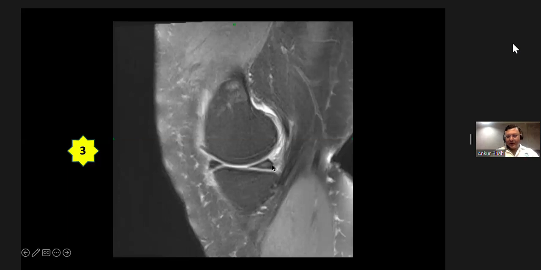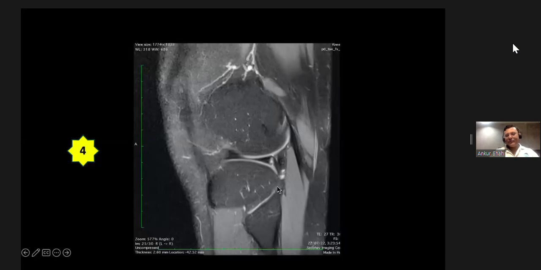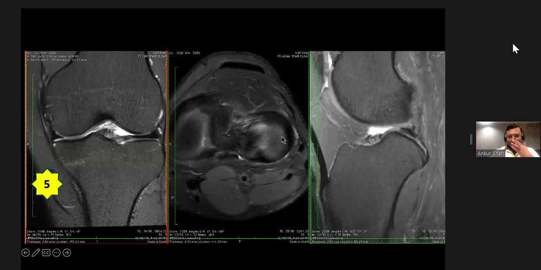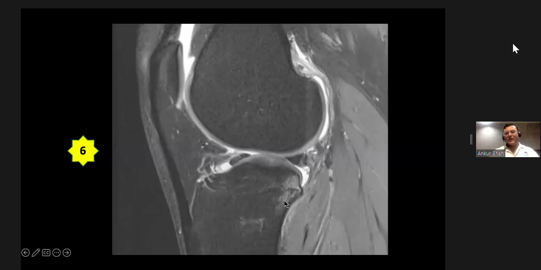Third one is an even larger hyperintensity. Fourth, you are seeing a focal hyperintensity at the posterior part of the lateral meniscus. Fifth one is hyperintensity seen in the anterior horn of the lateral meniscus, on sagittal as well as axial and coronal images, all three planes. There is a hyperintensity in the anterior horn of the lateral meniscus.